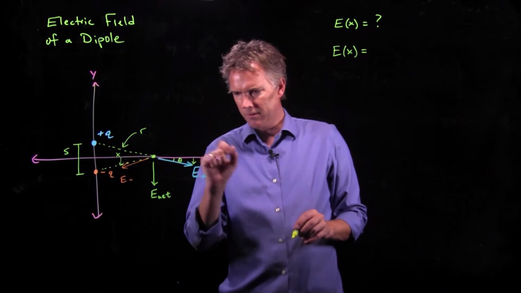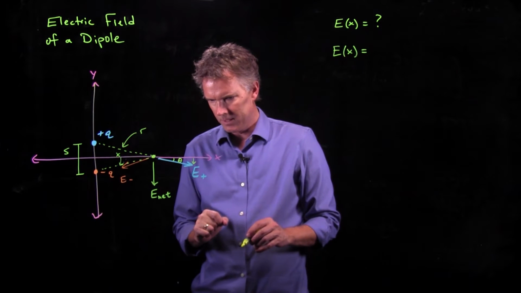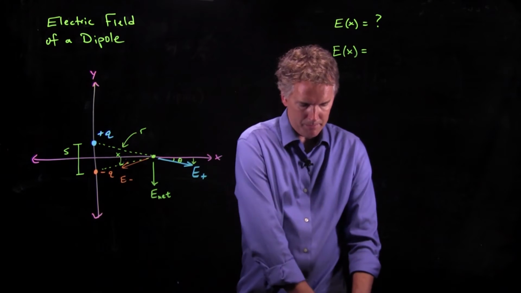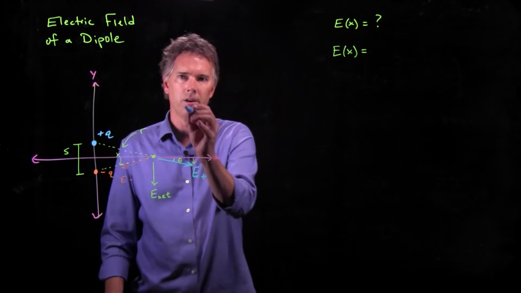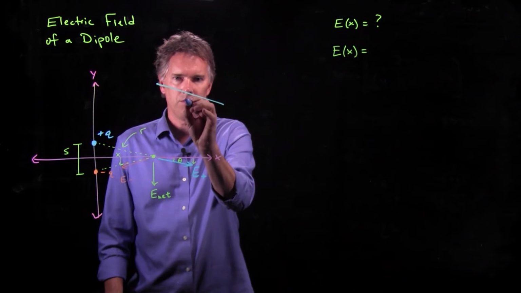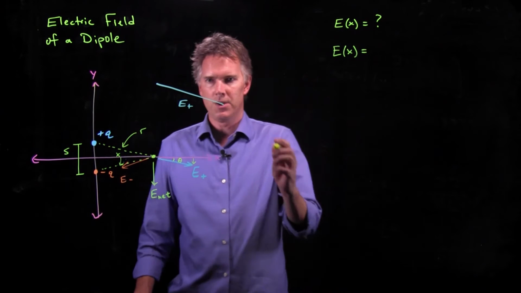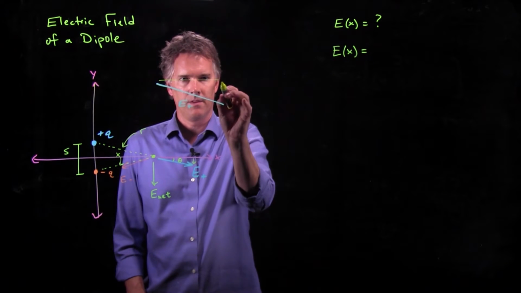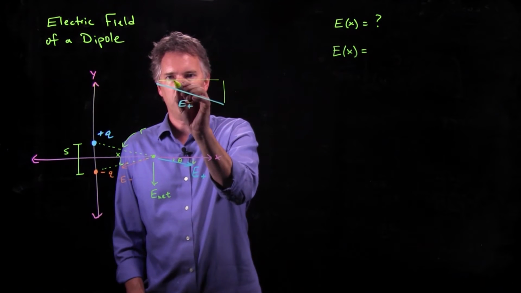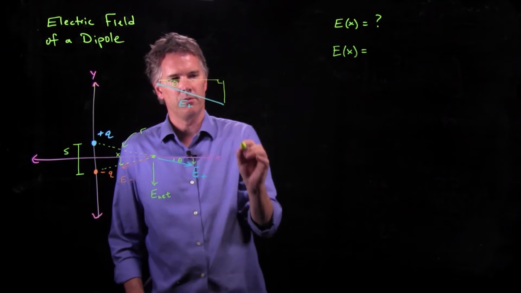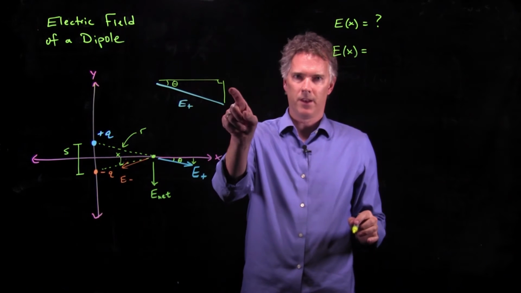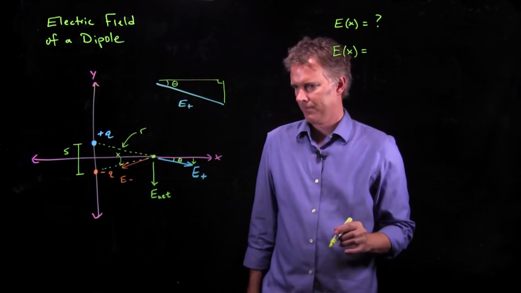The magnitude of this thing is E plus. So let's draw it just a little bit bigger to make it clear. Here's my E plus. And now there are two sides here. This we said was angle theta. This is, of course, a right angle. What we're interested in is this side right here.